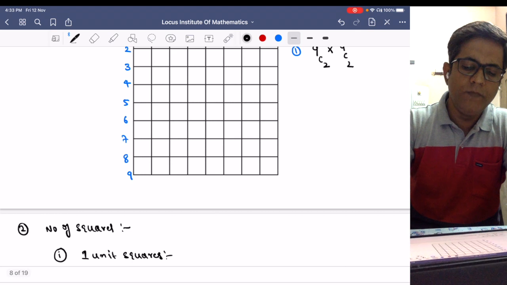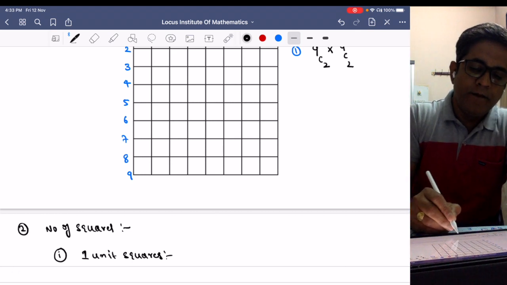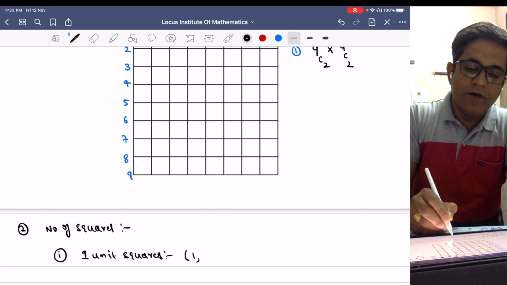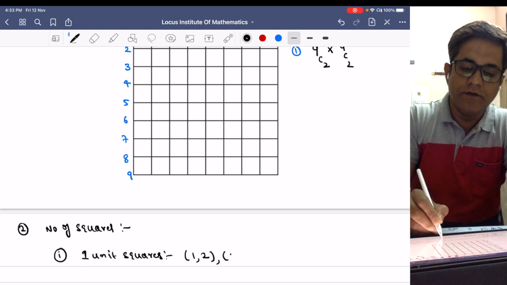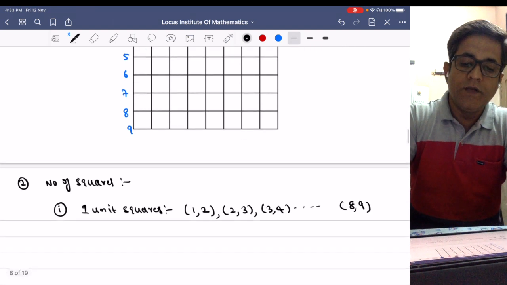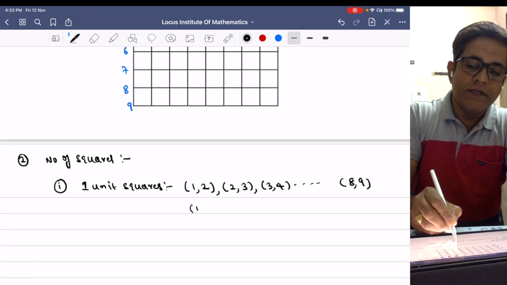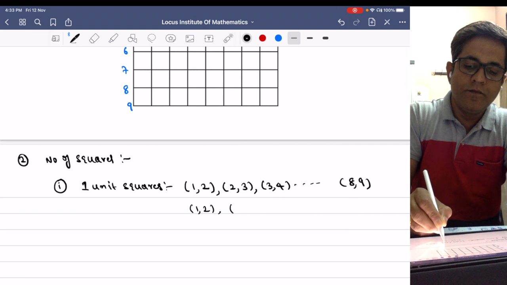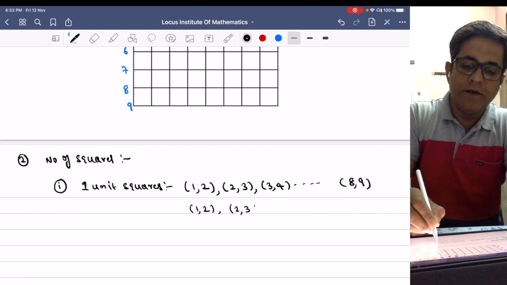So to find the number of unit squares, first you write the ordered pairs with 1 unit gap, vertical and horizontal: 1, 2; 2, 3; 3, 4; etc. Last one is 8 comma 9. Similarly, horizontally, the same.